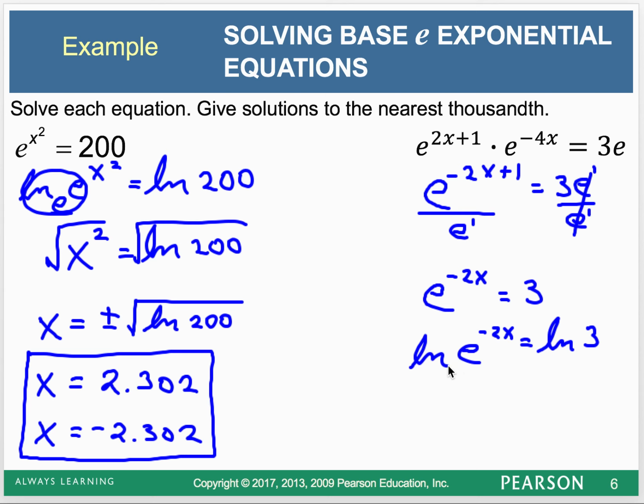And notice, because this has a base of e and this is a base of e, it just leaves the exponent. Negative 2x equals the natural log of 3. Divide by -2.